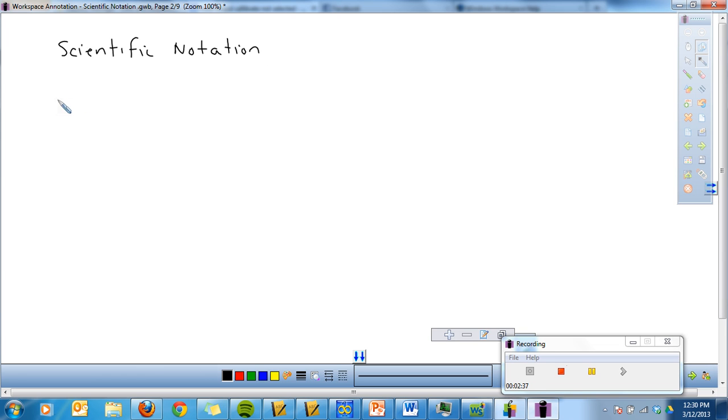Scientific notation is always going to be written like this. We're going to have a number. It's just one number to the left of the decimal. So after this number, there's going to be a decimal point.